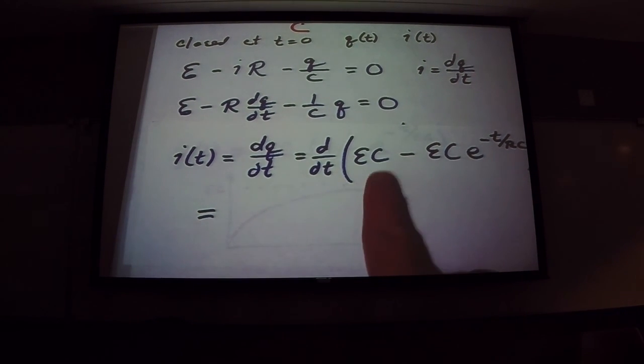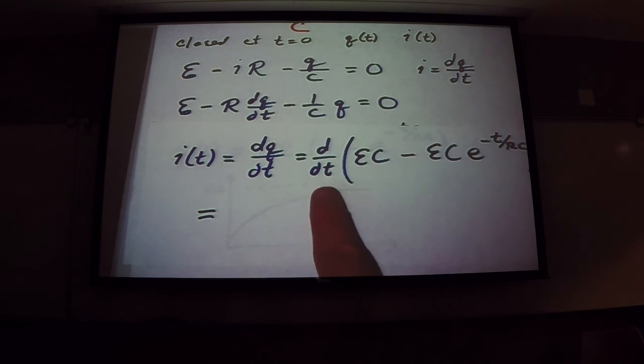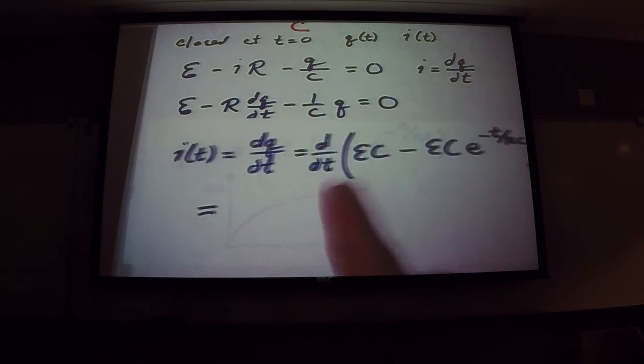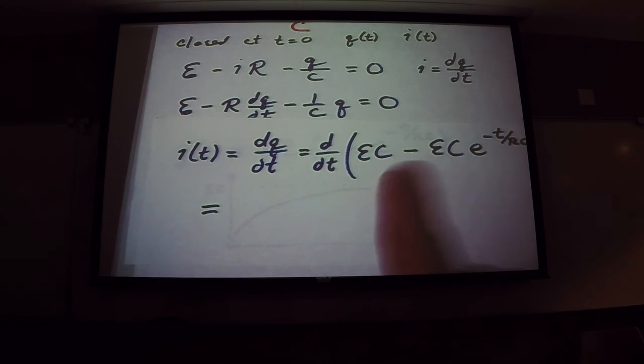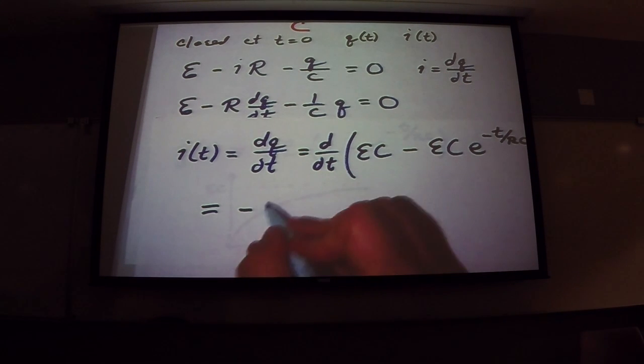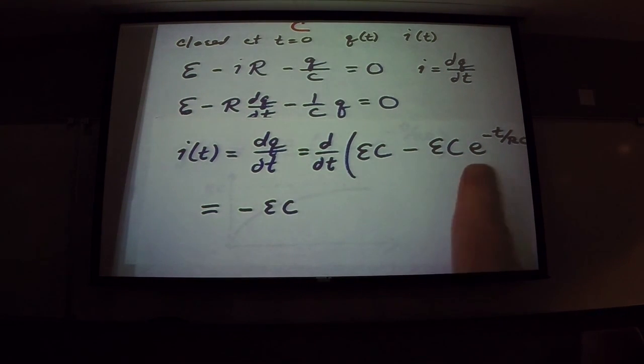All right, so E times C. When I take a derivative of these things, this is a constant, so what happens to it? It's 0. So the derivative of this is 0. I'm just going to take the derivative of this term, so I'm going to pull this constant out in front and take d/dt of this. This is what kind of function? Exponential.